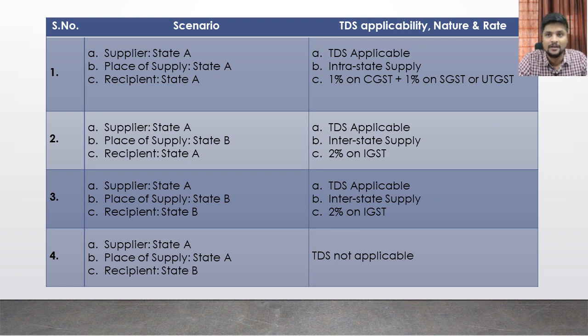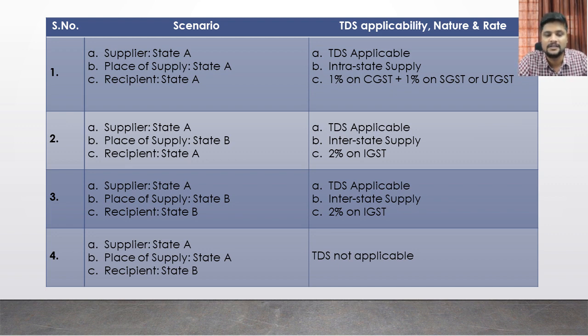So if the place of supply is in a different state, it is called interstate supply. In this case, the applicable tax is IGST. If you are applying IGST, then the TDS has to be deducted at a single rate of 2%. This is scenario number 2.